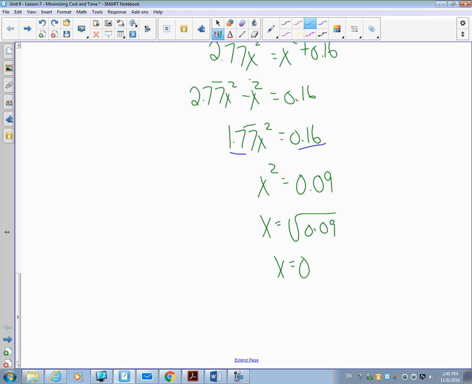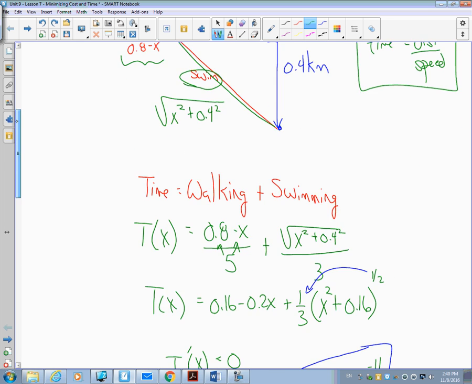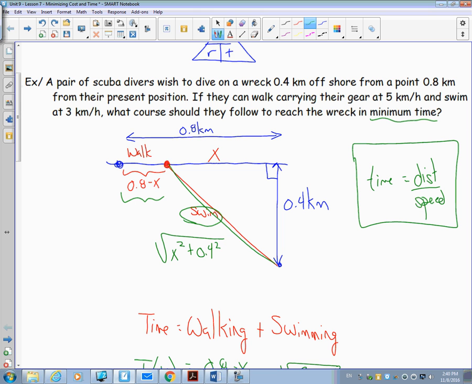So, what did x represent back in our diagram? X represented how far it was straight across from the wreck to the point they should walk. The question was, what course should they walk? So if this is 0.3 here, and this piece here is 0.8 minus 0.3, which is 0.5.